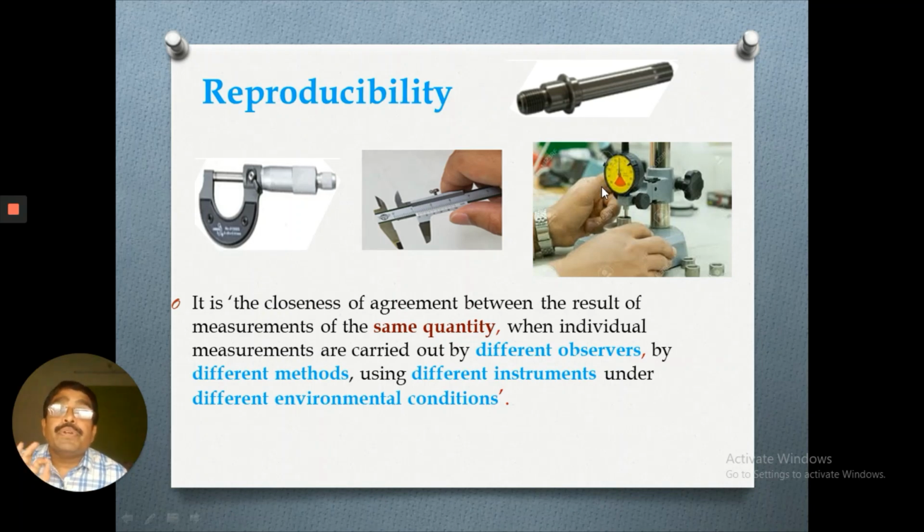Now the conditions are different, means different observers, different methods, different instruments, and environmental condition is also different. But still, if that equipment gives the same readings, very close to the agreed value, then we can say that it gives the reproducibility of that instrument.